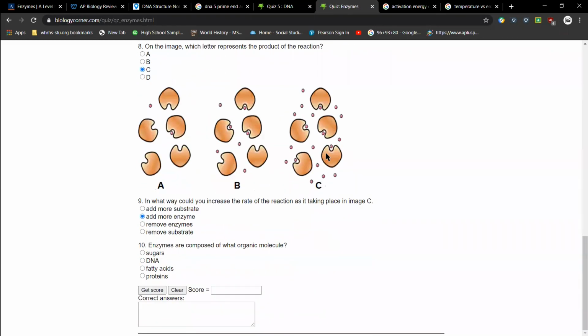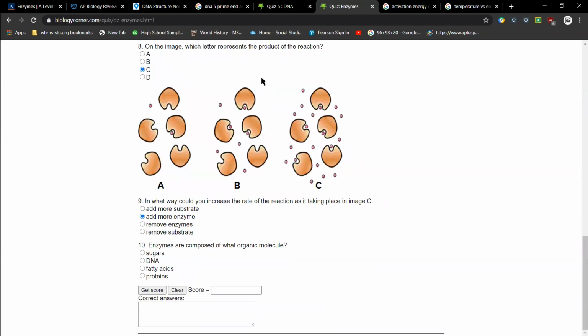So finally, enzymes are composed of what organic molecule? Sugars, DNA, fatty acids, or protein? So yeah, good job to everyone who got it. Remember, they're proteins.